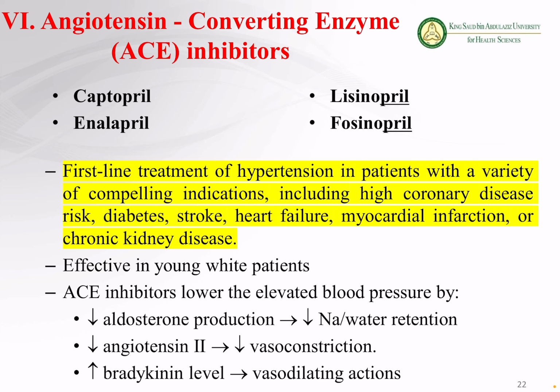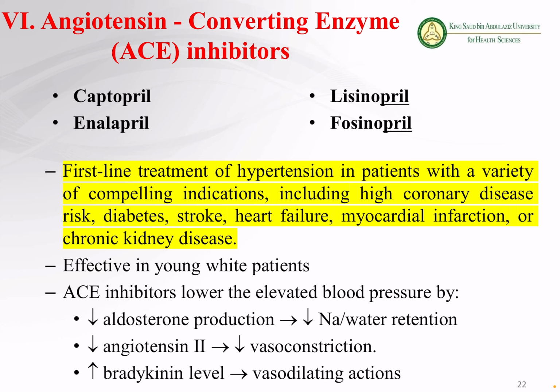But about 25 to 35% of the patients taking the ACE inhibitor have one important adverse effect, that is the dry cough. Dry cough is one of the important adverse effects of the ACE inhibitor. And why do they have a dry cough? Because of the production of bradykinin. So bradykinin, on the one hand, is a vasodilator, decreasing the blood pressure, but on the other hand, in some patients, not all, it causes this dry cough as an adverse effect.